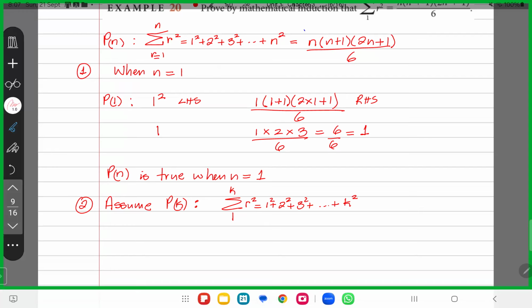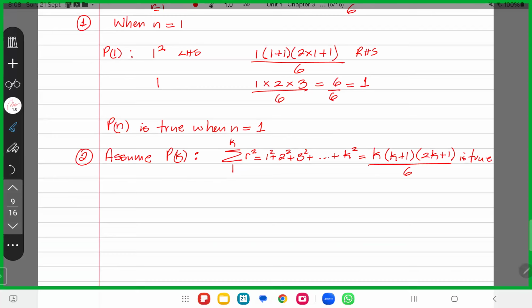K squared, replacing n with k. And this would be equal to k multiplied by k plus 1 multiplied by 2 times k plus 1, all over 6. We assume that this statement is true. So this assumption is part of the solution. I'm assuming that this statement is true.